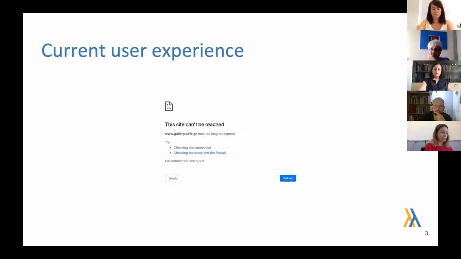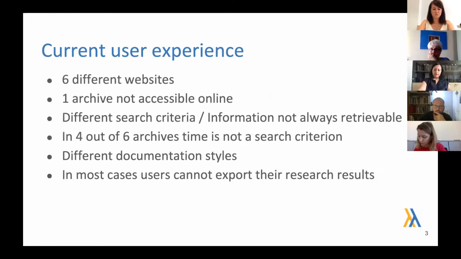One would have to search using different criteria with information not always retrievable due to structural reasons and semantic ambiguities. In most cases, you cannot search records using time spans, and you cannot often export results for further analysis.